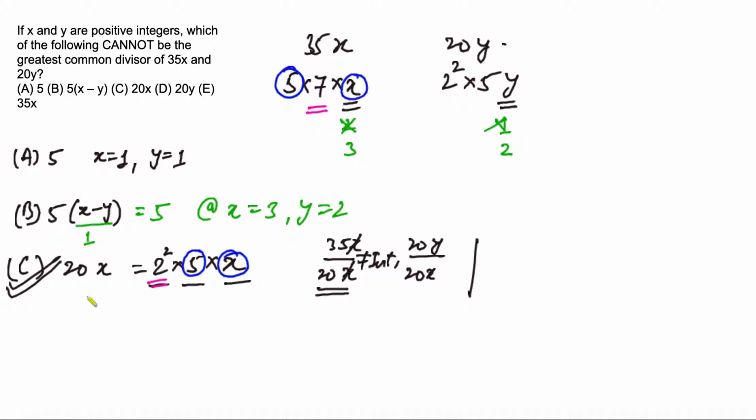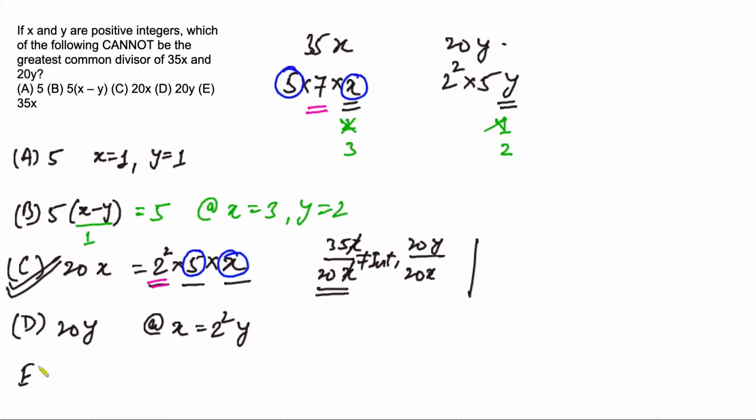But at the same time, we may have several apprehensions about options D and E. So I am also going to prove why options D and E can also be eliminated. Option D is 20y. So 20y can certainly divide 20y, which is the second number. And if x is equal to 2 square times y, then 20y can also divide 35x.